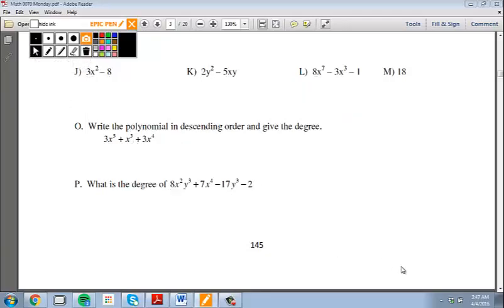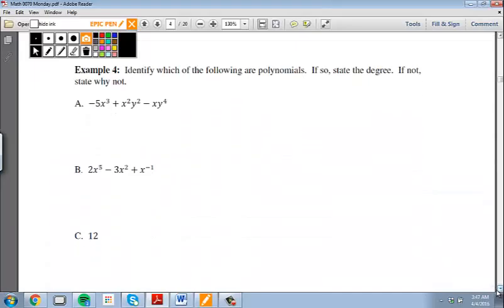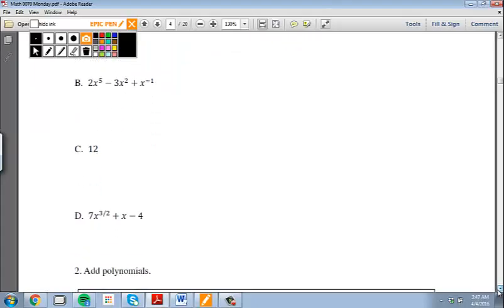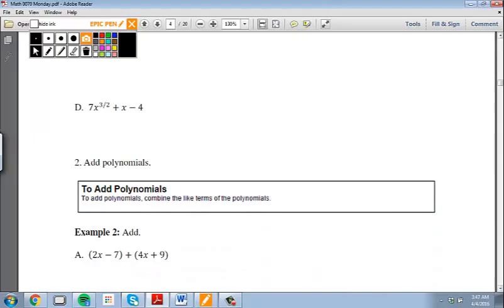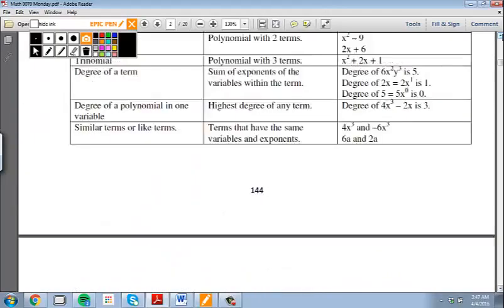Alright, let's look at example 4 here. Identify which of the following are polynomials. If not, state its degree. Well, wait a second. Didn't we just have that?